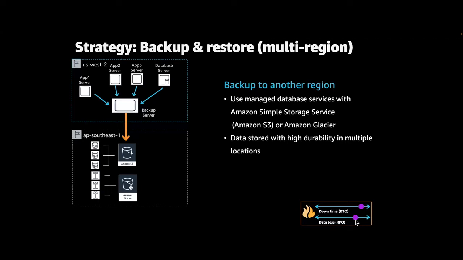A few examples of things you can use are S3 with cross-region replication, or even Amazon Glacier. So the data is stored with higher durability in multiple locations, and that could be enough. Then whenever you need to fail over to a new region, you just restore that backup and go from there.